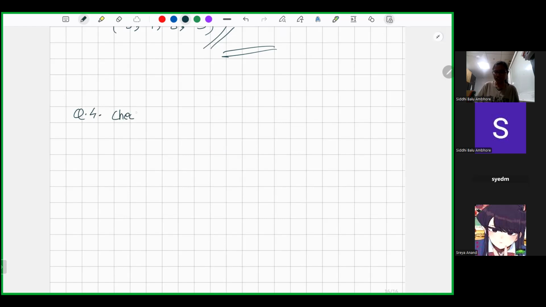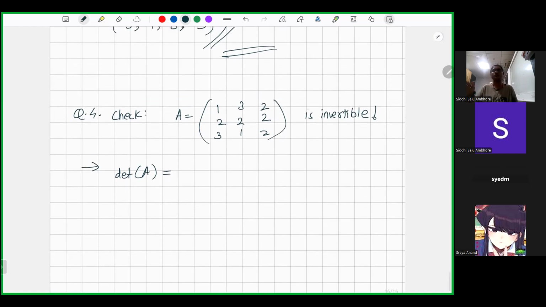We have to just check whether this matrix is invertible or not, and the best way is to check the determinant, nothing else. So we just have to calculate the determinant of A and check whether it is invertible or not. If it is invertible, then the determinant will be non-zero.